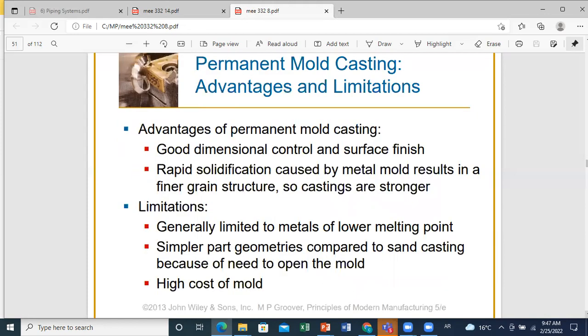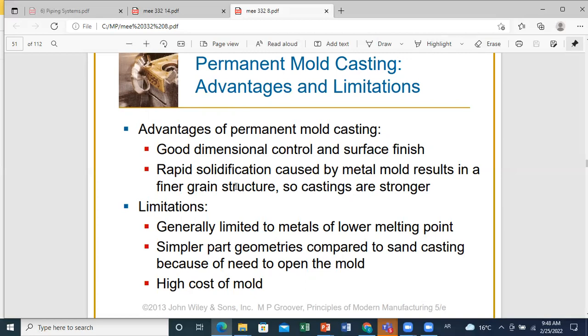So, as expected, for permanent molding processes, you have a good dimensional control and surface finish, because already your mold cavity is constituted by a metal instead of being constituted by sand, for example. You have rapid solidification caused by the metal mold, which results in a finer grain structure, so the casting is stronger.